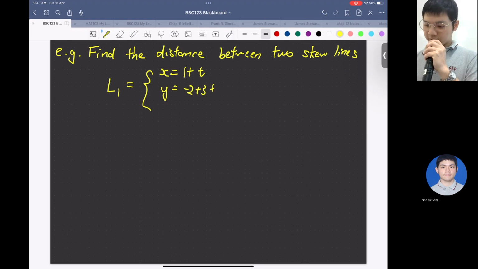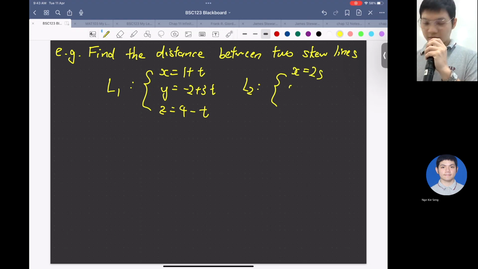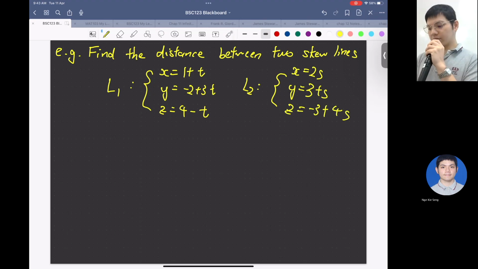Not intersect, not parallel. So we got these two lines here. Non-intersect, non-parallel. So what is going on with that?